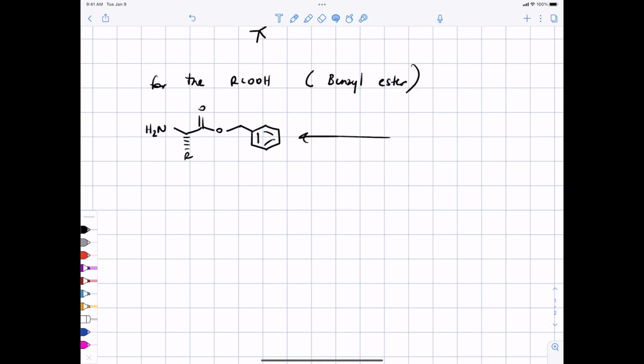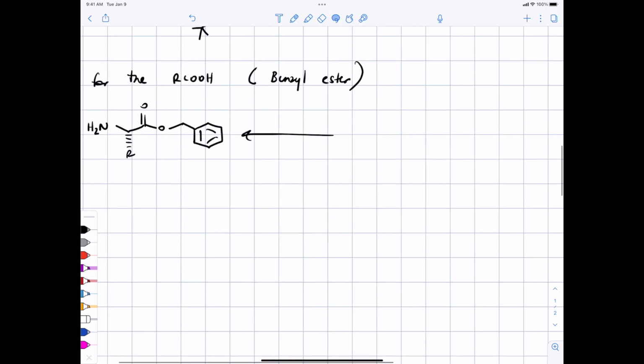Installation of that benzyl ester is easy. You do this in an SN2 reaction with benzyl bromide or benzyl chloride and your carboxylic acid.